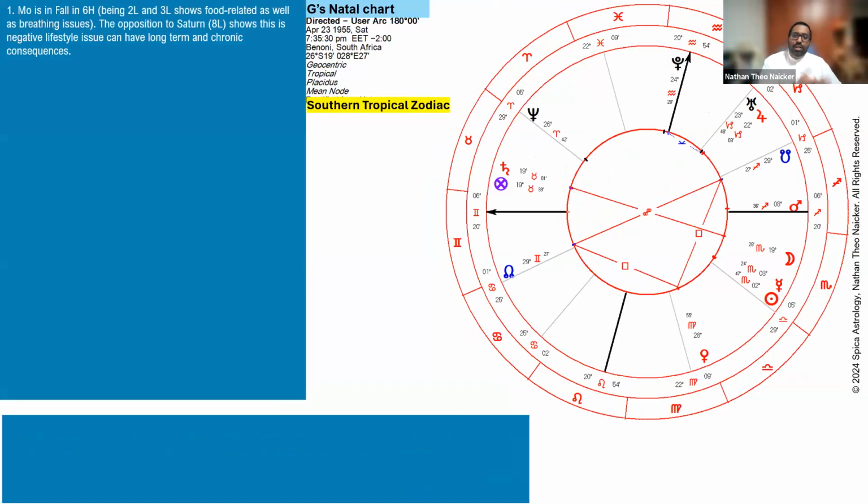So again, you see there's a conflation happening here with breathing and food being indicated with illness at the same time. And that's exactly what happened with the horary. Both the breathing issue and the food issue have come up at the same time, as the natal promise shows. The opposition to Saturn, who's the 8th house ruler in the chart, shows this is a negative lifestyle issue that will have long-term and chronic consequences.